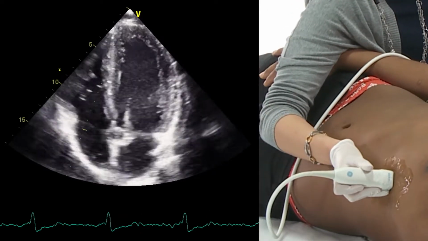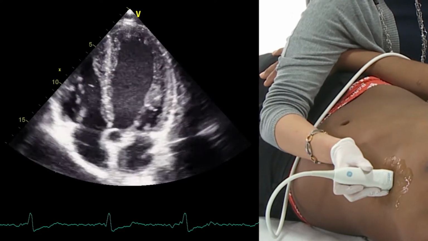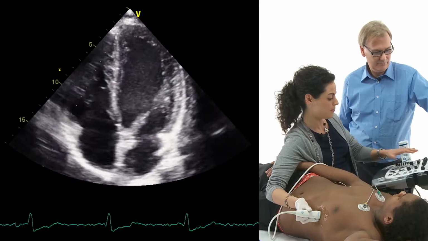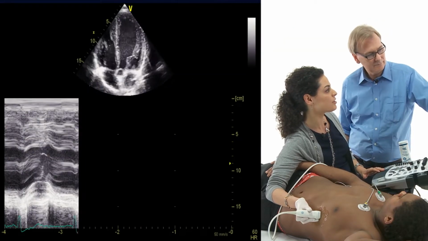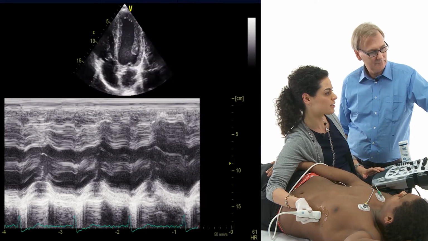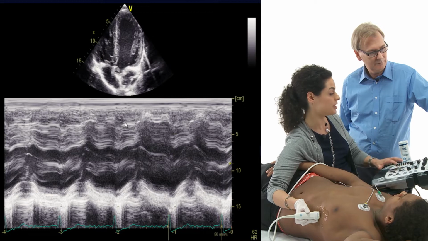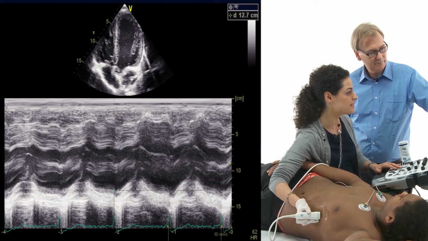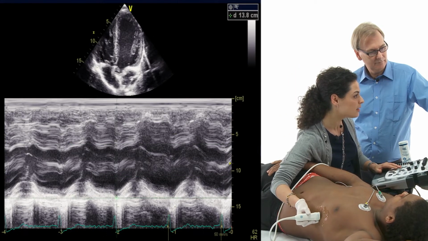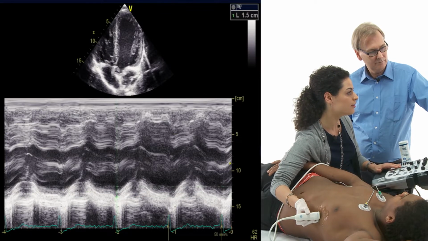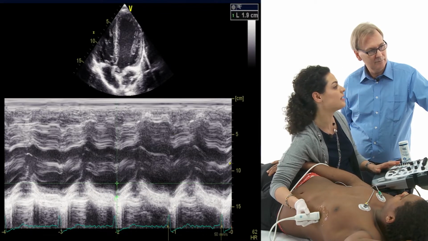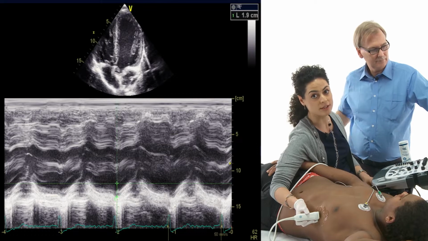So maybe you have to optimize your image like this. And then we use the M mode function and we see the excursion of the ventricle. We can also measure. You follow the same line, and here, measuring the distance, we will have 19, which is a completely normal value.